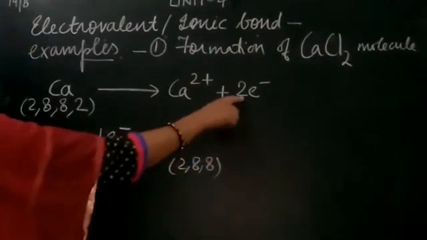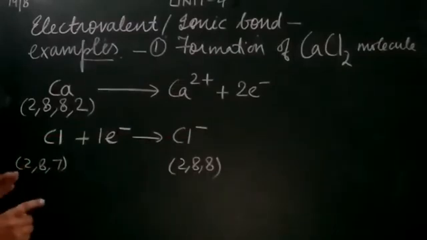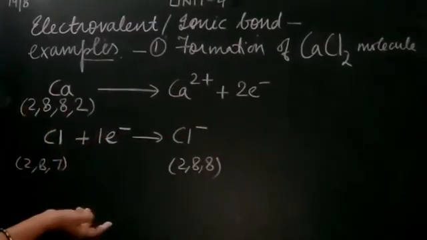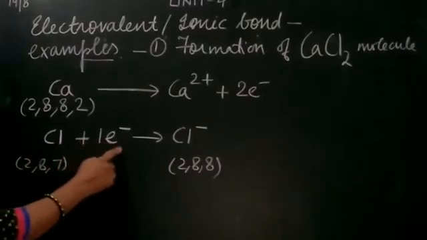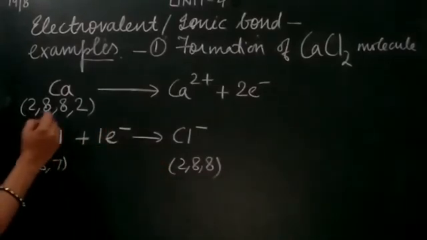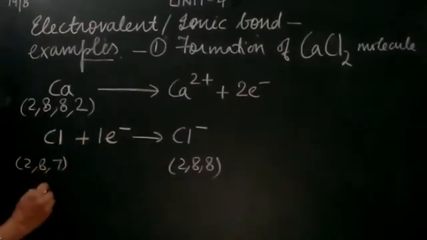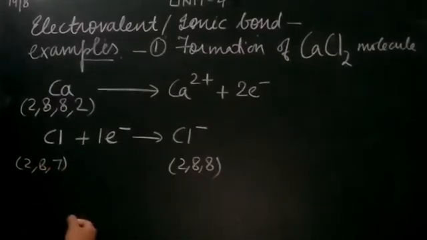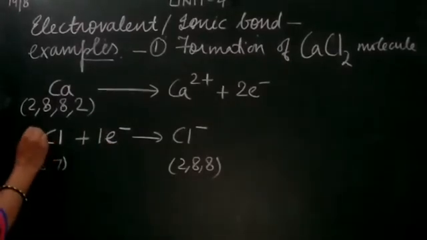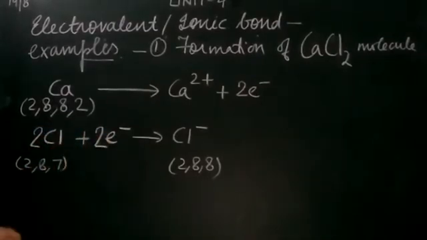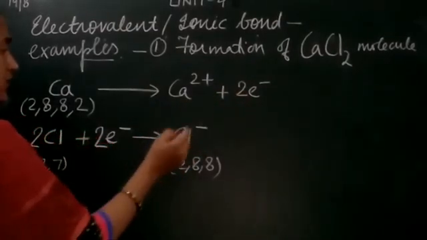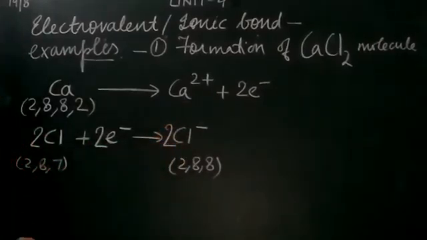So what about the other electron? That means the other electron which will be lost by the calcium will be taken by one more chlorine atom, and it will form one more chloride ion. So we can write the same equation again, putting two chlorine atoms, which will take the two electrons released from the calcium and form two Cl negative.